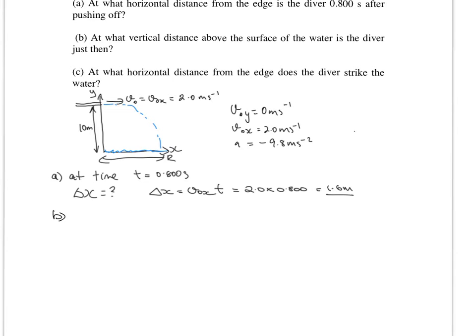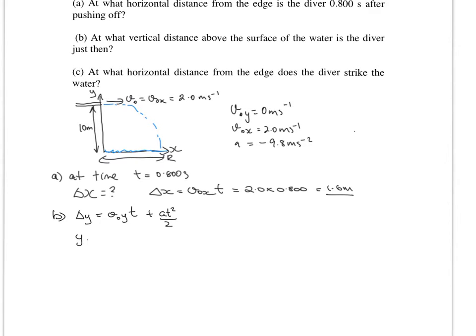So we can use the equation of motion delta y equals v0y t plus at squared on 2. Now, delta y, remember, is just the change in the y coordinate. We know what the original y coordinate was, and we want to find the final y coordinate.